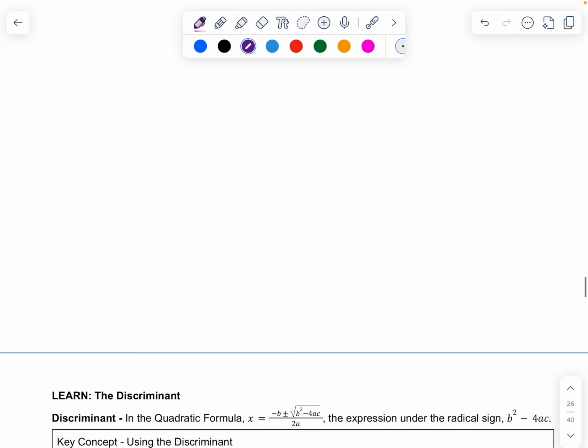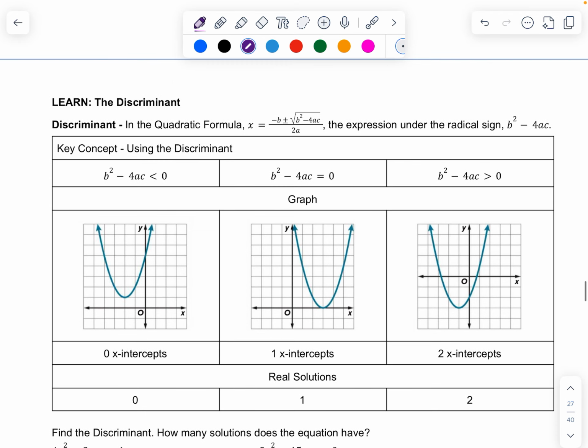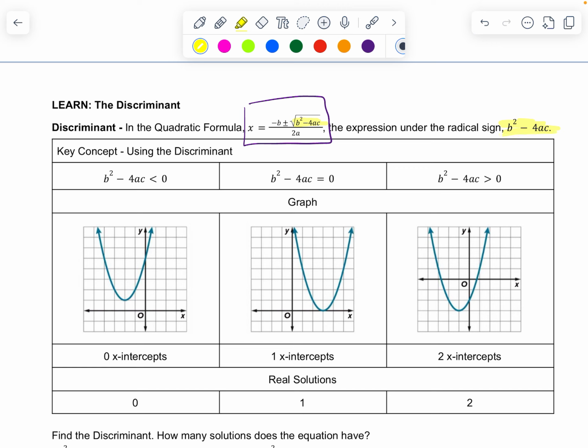Okay, we're going to come down to this. The discriminant. So this is our quadratic formula right here. The discriminant is what is underneath right here. So if this part is less than 0, that means you have no real solution.